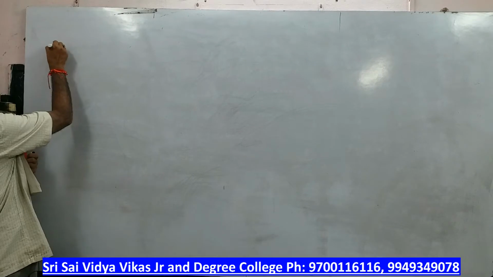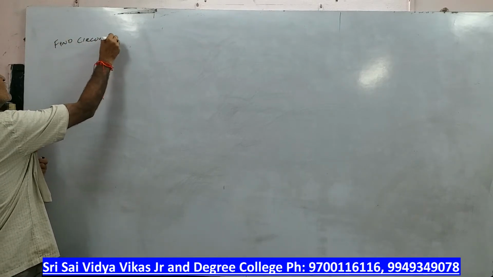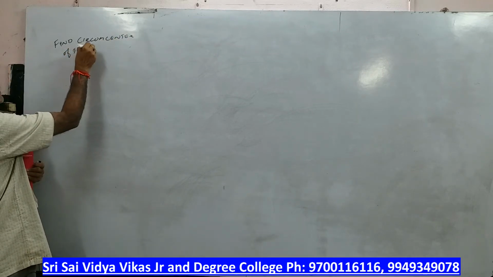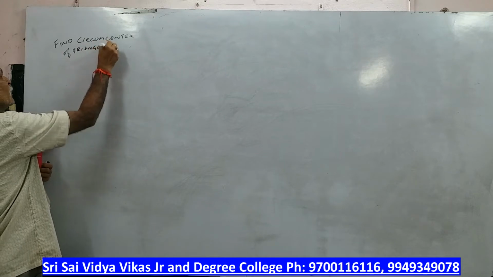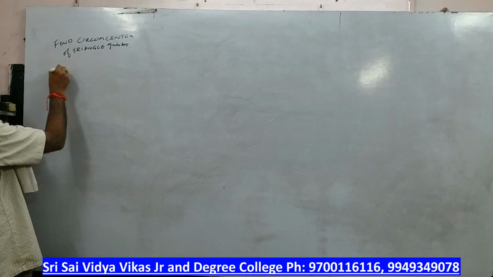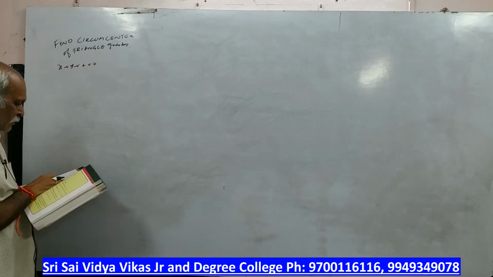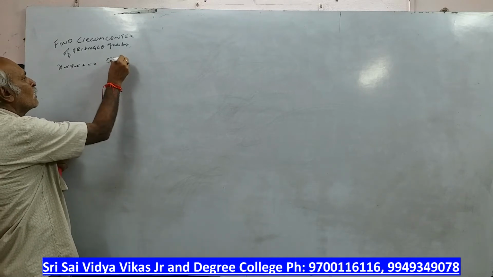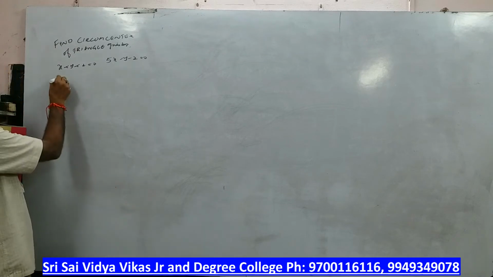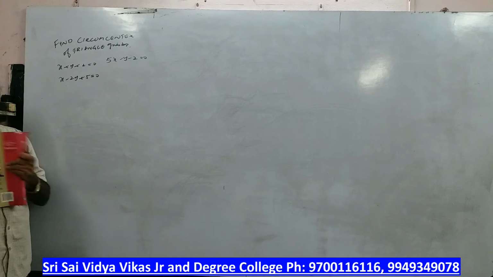Next, one more problem. Find the circumcenter of the triangle given by x plus y plus 2 is equal to 0, 5x minus y minus 2 is equal to 0, x minus 2y plus 5 is equal to 0.